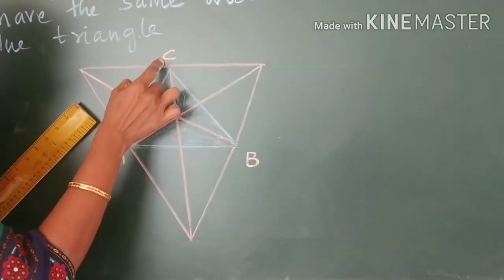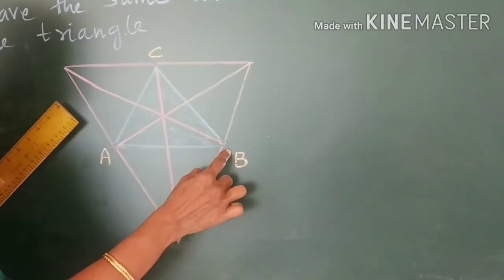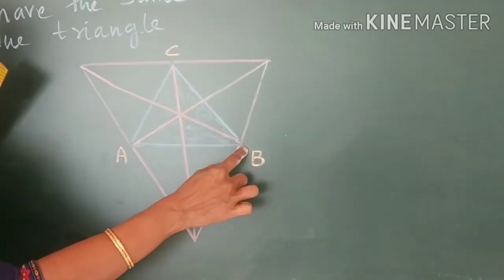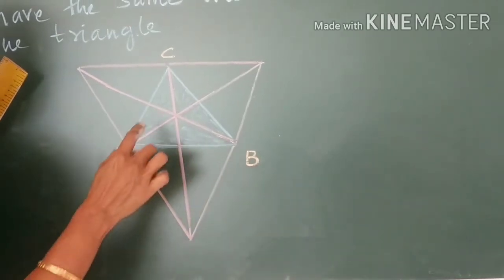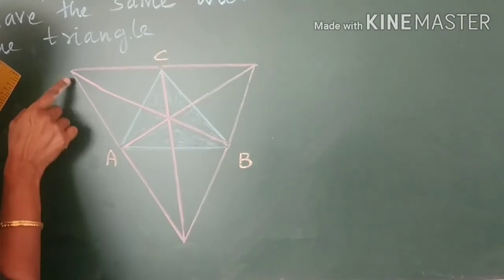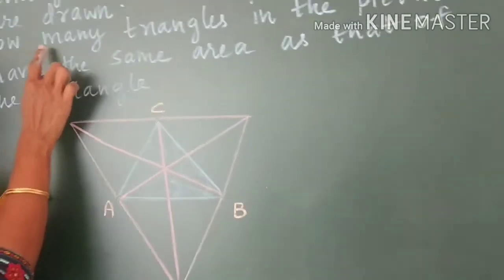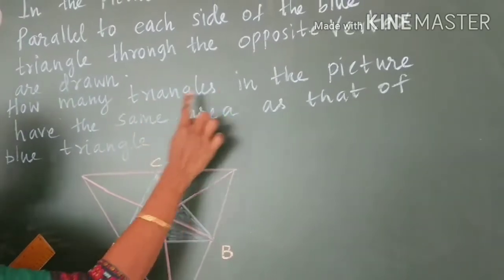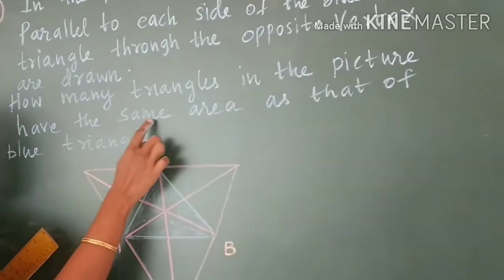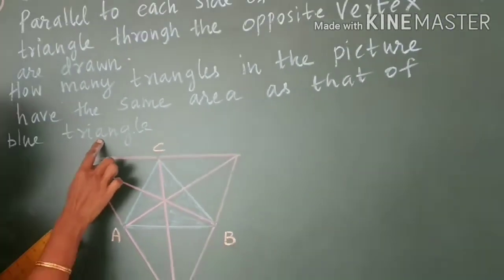Now parallel to AC, a parallel line is drawn through B. Similarly, opposite to BC, a parallel line is drawn through A. Question: how many triangles in the picture have the same area as that of the blue triangle?